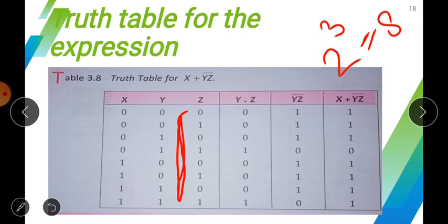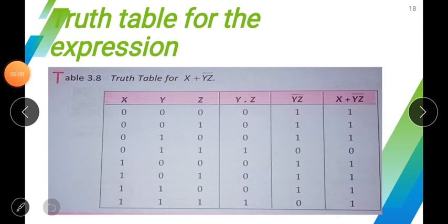So you can see there are altogether 8 possible combinations. Now there is an expression for which we have to create the truth table. The expression is x plus y and z, and the bar shows inversion, means you have to calculate the NOT after calculating the AND operation of y and z.